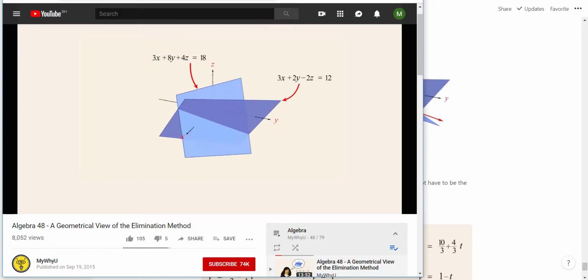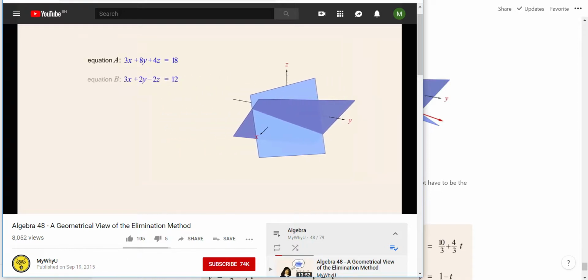The line of intersection of 2 planes thus represents all the points where the plane's equations are both satisfied. Let's call these 2 equations Equation A and Equation B. And let's call the expressions on either side of these equations expressions A1 and A2 and B1 and B2.